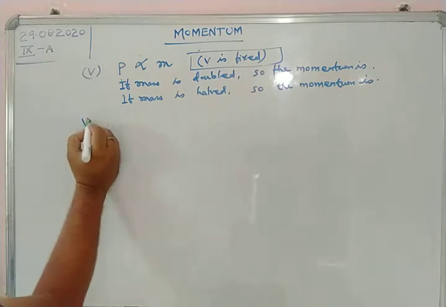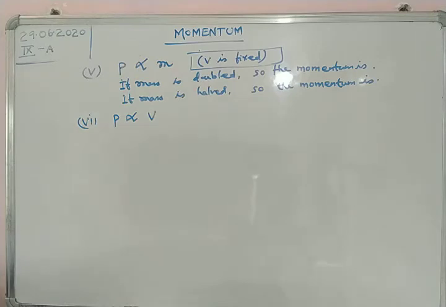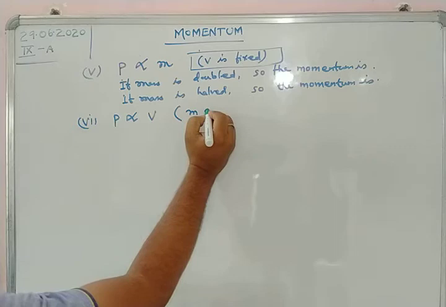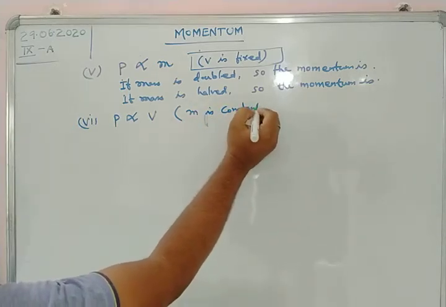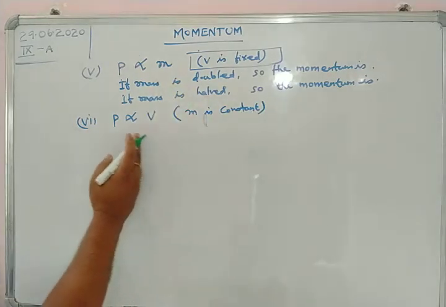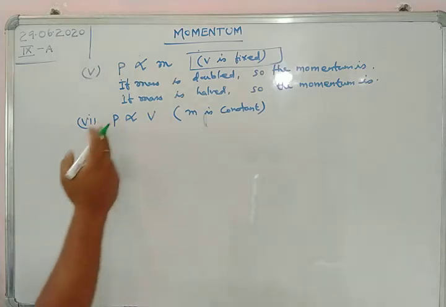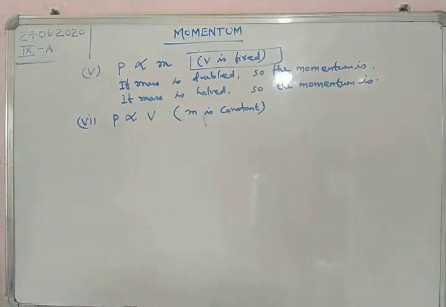The number 6 point, we will say that momentum is also directly proportional to the velocity of a body. Here we have to consider that mass is constant. That means if velocity is doubled, then momentum is doubled. If velocity is half, then the momentum is also half. It is directly proportional to the velocity of a body.